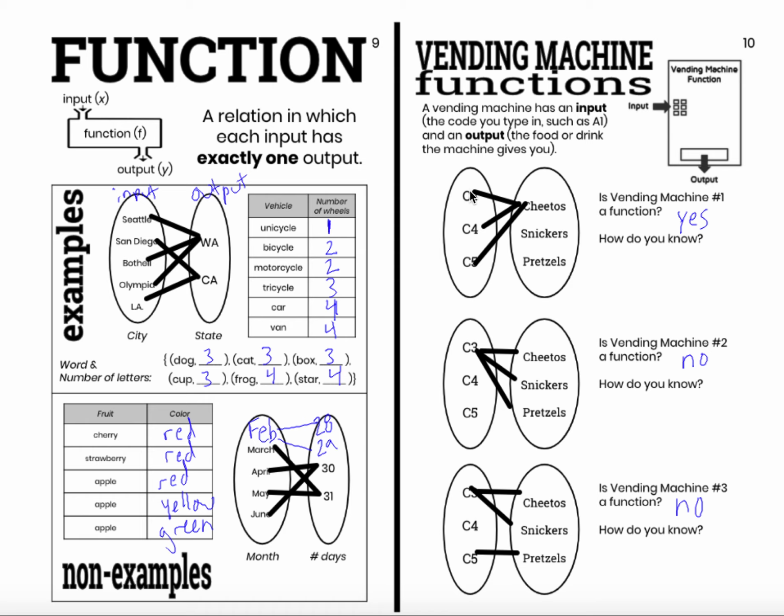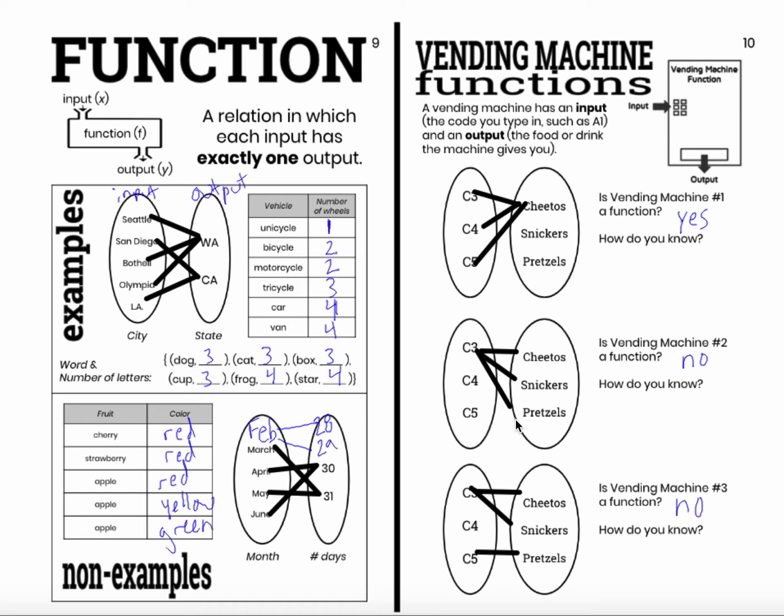What is important, again, is this one single arrow leading from input to output. It is never the case that I push C3 and I get anything other than Cheetos. The very typical broken vending machine, broken function machine, is right here. I put my money in, I push C3, sometimes I get Cheetos, sometimes I get Snickers, sometimes I get pretzels.